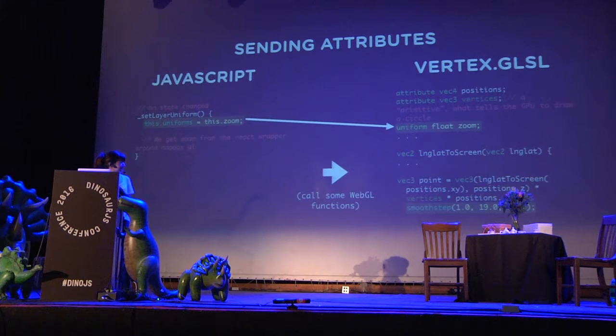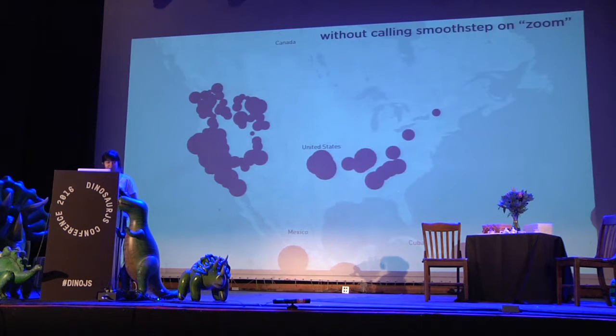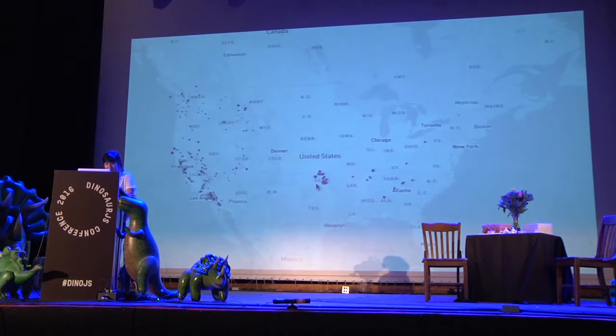So the zoom level will be the same for every position in that shader. Also, you'll notice a smoothstep function. That's just a function that normalizes the zoom value, which is between like 1 and 19 or 1 and 20, to a value between 0 and 1. It prevents the map from looking like this, which is just hard to read.